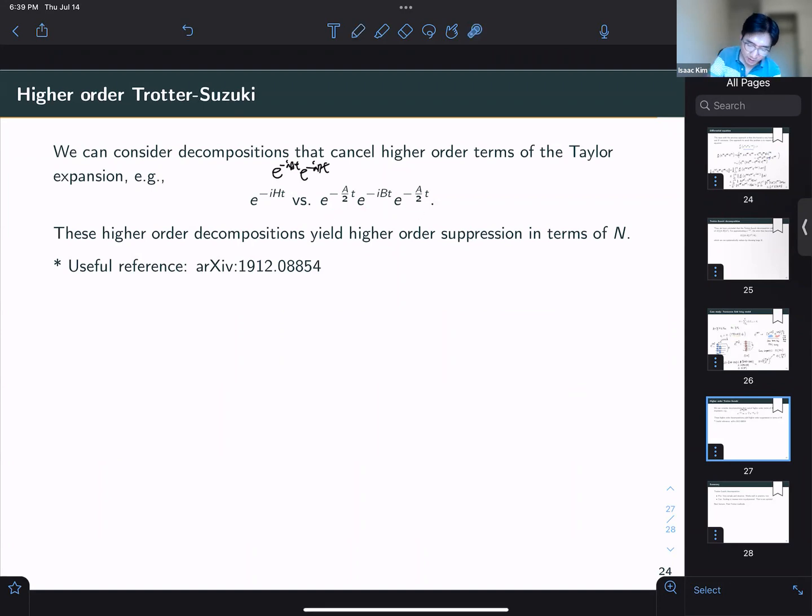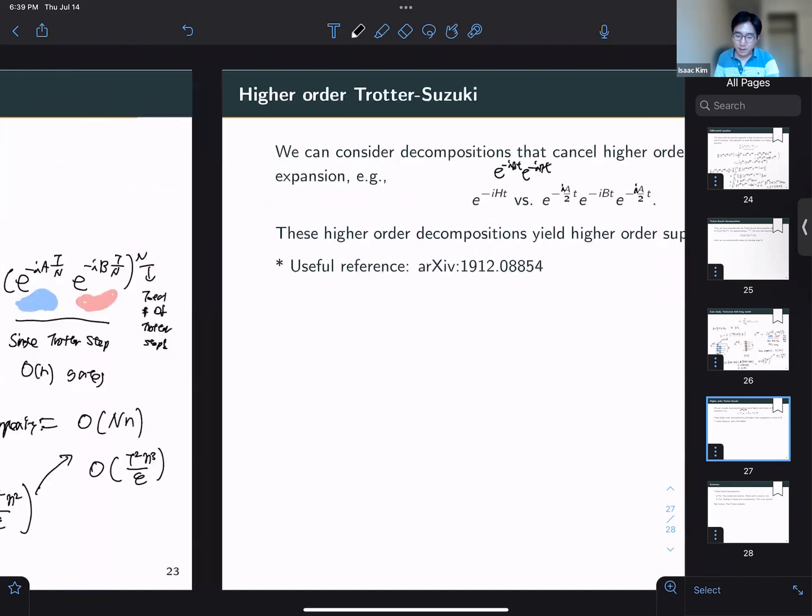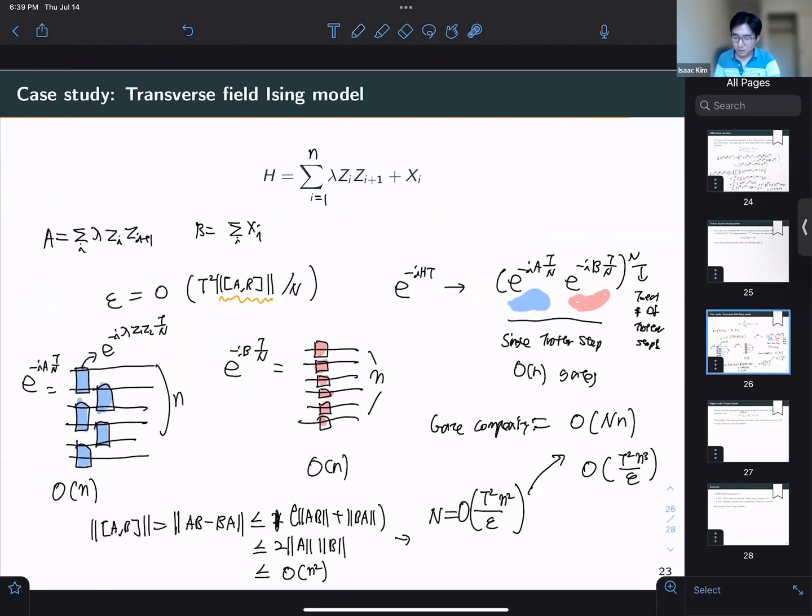Once you work out the Taylor expansion, you'll be able to see that the left-hand side and the right-hand side match up to the second order, not just the zeroth and first order. With this, you can get higher order suppression so that the scaling will be better than what you have here, both in terms of t and epsilon.